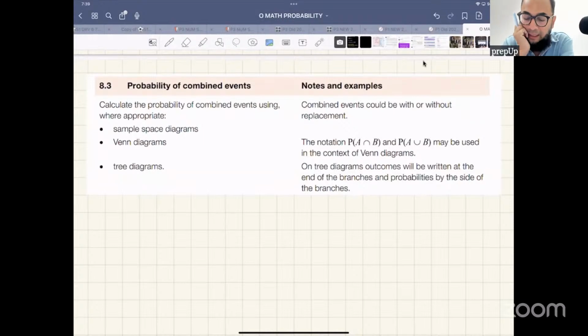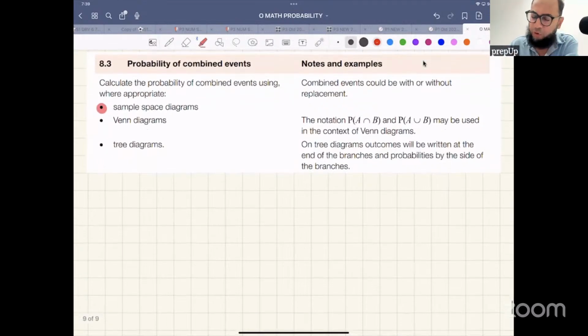It says calculate the probability of combined events using, where appropriate, sample space diagram, Venn diagram, tree diagram. So let me get started with the concept of sample space diagram, and all the notations and everything will be used a little bit later.